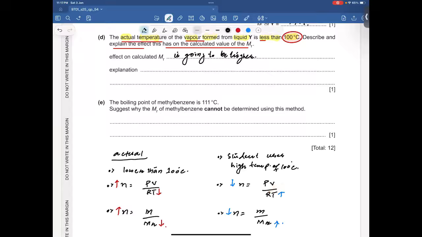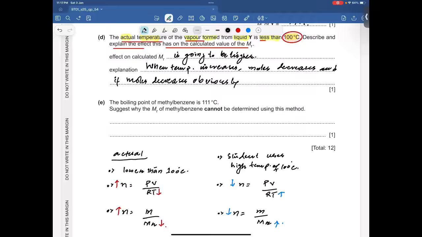Because when temperature increases, moles decreases, and if moles decreases, obviously MR increases.